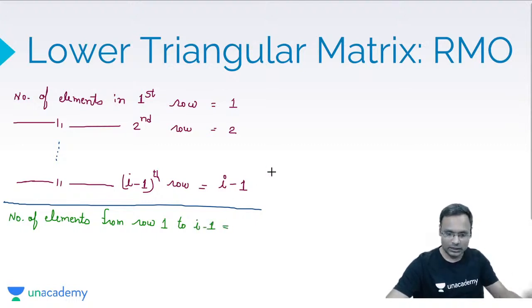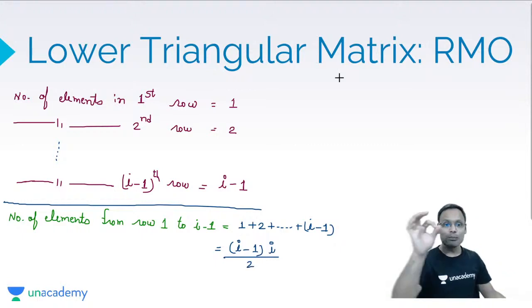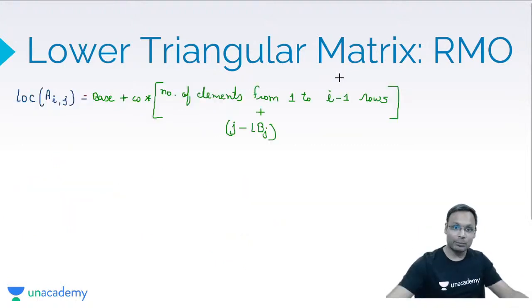टोटल कितना हो जाएगा? गुड निशु, नाइस. Addition of all this: first में 1 plus second में 2 plus third में 3 plus up to I minus 1. Add these values 1 to I minus 1: I minus 1 into I minus 1 plus 1, which is I, divided by 2. This is the number of elements from row number 1 to I minus 1, which I will place here.